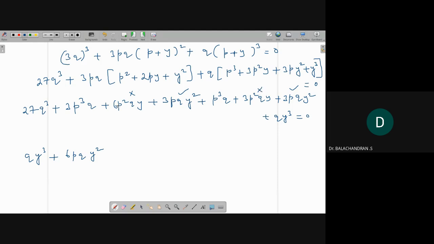So totally 9 p square q into y. Okay, y is also over, and then the constant term.